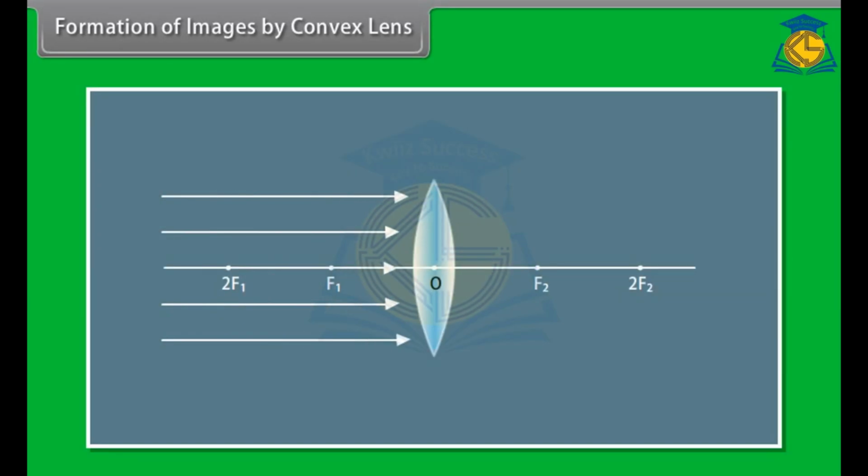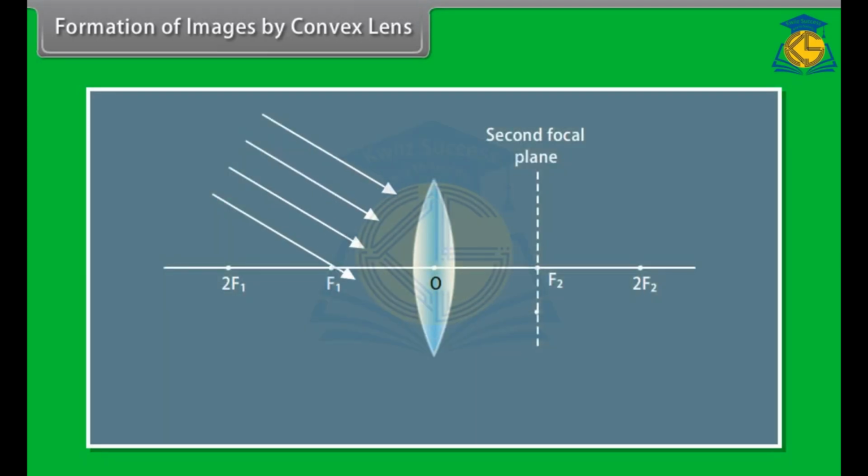Formation of images by convex lens. When the object is placed at infinity and the rays are parallel to the principal axis, the image is formed at the principal focus on the other side. The nature of the image is real, inverted, and diminished.